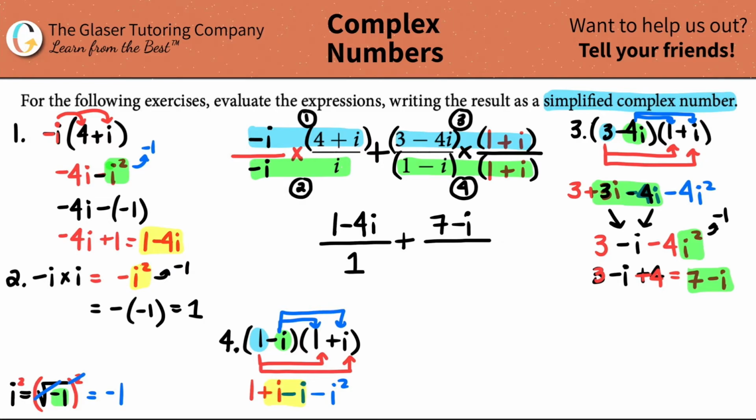So that goes bye-bye. So I'm left with just 1 minus i squared. We know that i squared is a negative 1. So this would be 1 minus a negative 1. Keep, change, change. It would just be 1 plus 1, right? Which equals 2. So that's the bottom here.